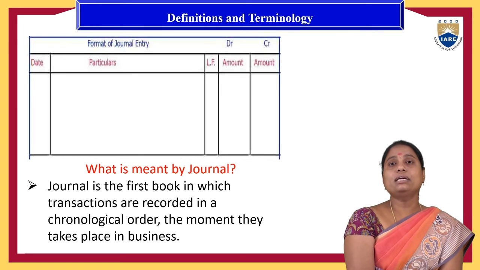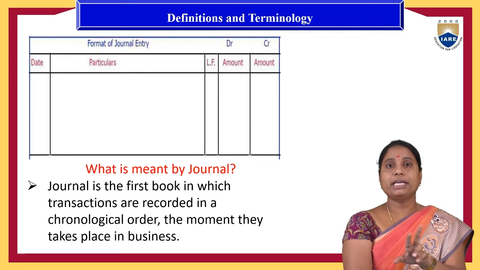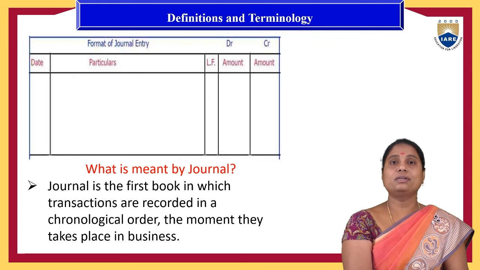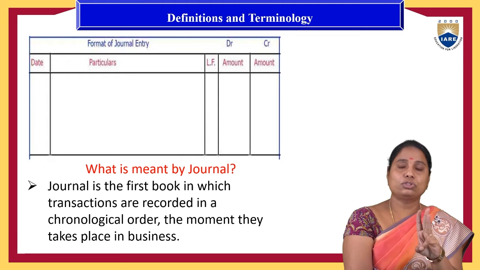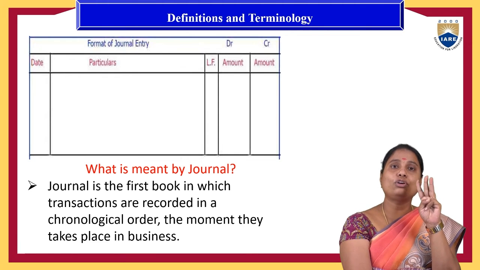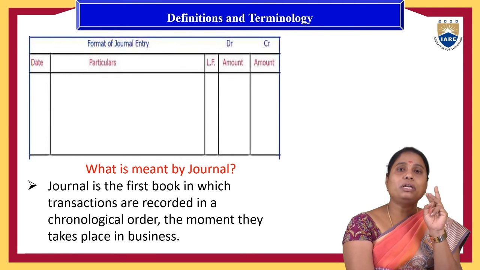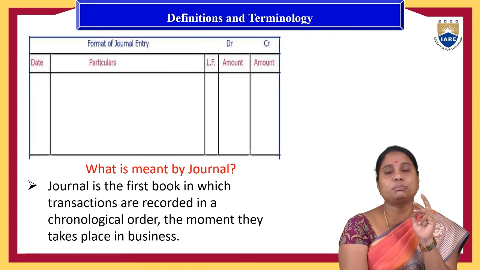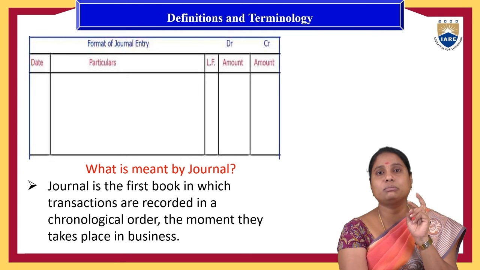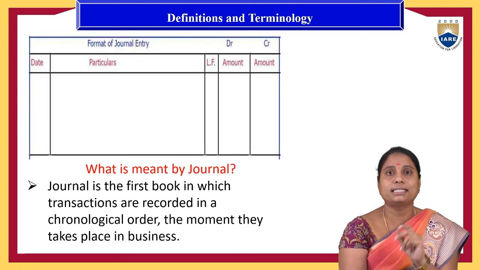So here, in any of these cases, we have identified two accounts, and we have to enter them. There are three types of accounts: personal account, real account, and nominal account. If it belongs to any persons, artificial persons or natural persons, then it is called a personal account. Here the rule is debit the receiver, credit the giver.